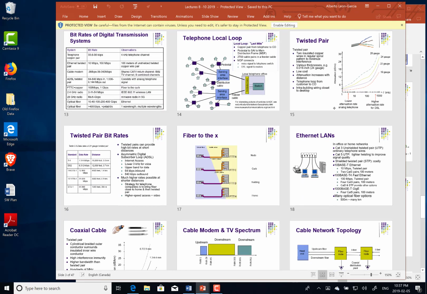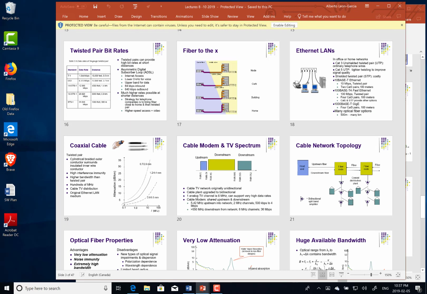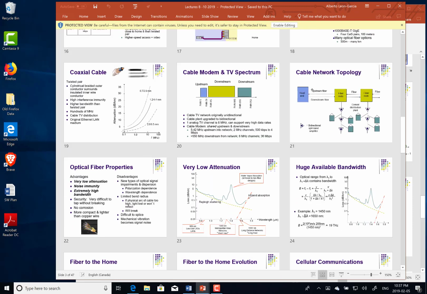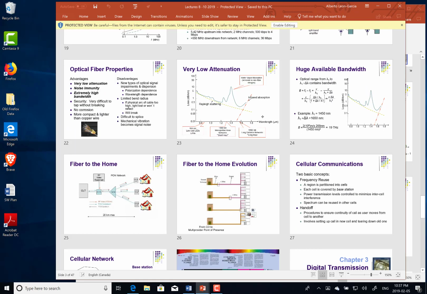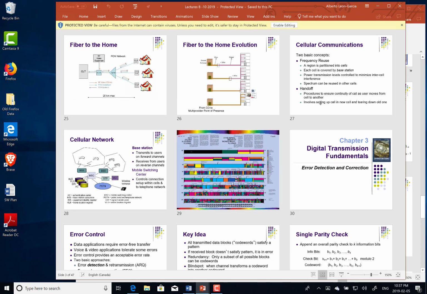In addition, we also gave a sense as to how these media are used, how copper wires are used in the telephone network, how copper wires are used in Ethernet LANs, how coaxial cable is used, and how cable modem networks, Rogers types of networks, operate. And then we also gave a brief introduction and saw the amazing bandwidths that are possible with optical fiber. And very briefly, with just a few charts, we explain how cellular networks work.